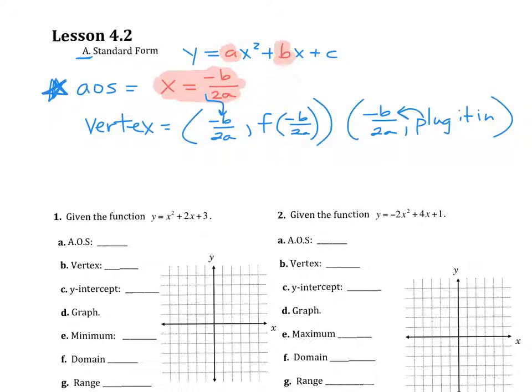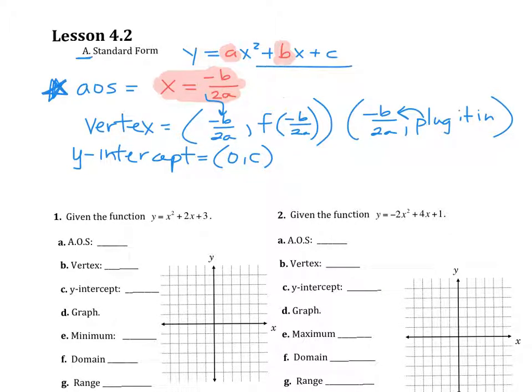Your y-intercept will always be the point (0, c). Think about what a y-intercept is. A y-intercept is going to hit your y-axis, so your x value is 0.